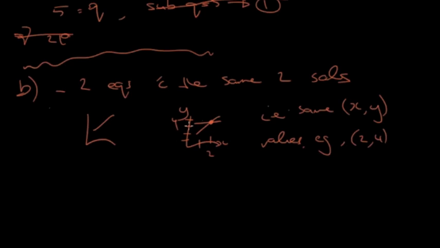So we've got two equations representing two different lines. They both intersect at the same point, and we've got some simultaneous equations. And so we want to solve together, i.e. at the same time.